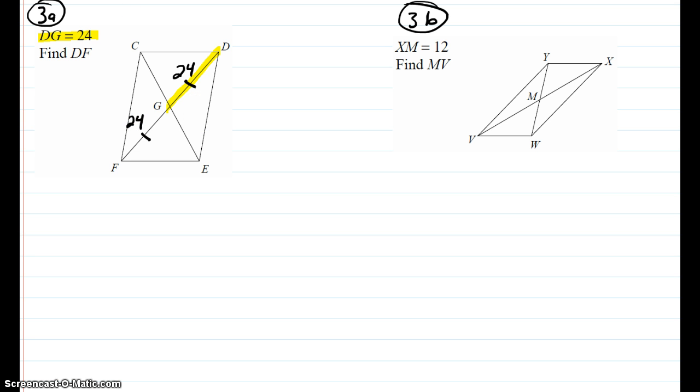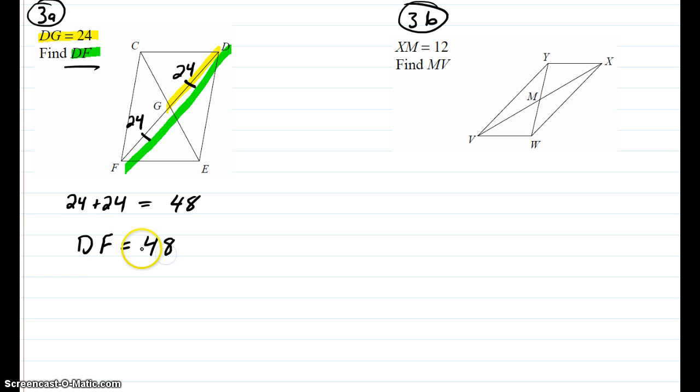Now the question they're asking is, what is DF? So from D all the way to F, that's just going to be 24 plus 24, which is equal to 48. Now we write our sentence: DF is equal to 48. Try the same thing on 3B, and when you're done, bring me your notebook to get your stamp.